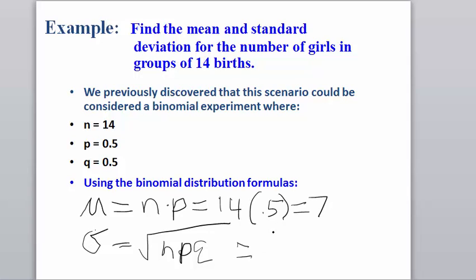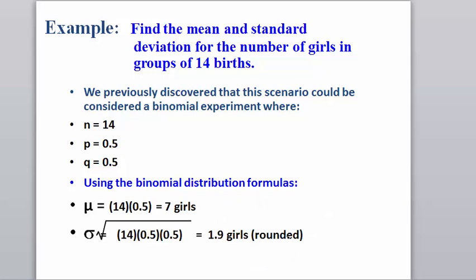So n times p is already 7 times 0.5. Half of 7 is 3.5. So it will give me the square root of 3.5, which I don't know off the top of my head. Oh, it's 1.9, rounded.